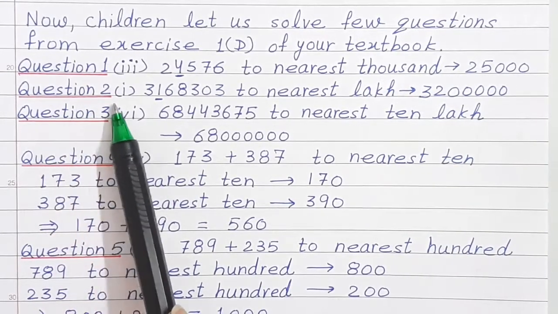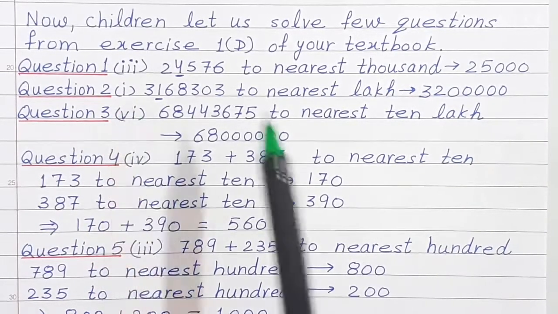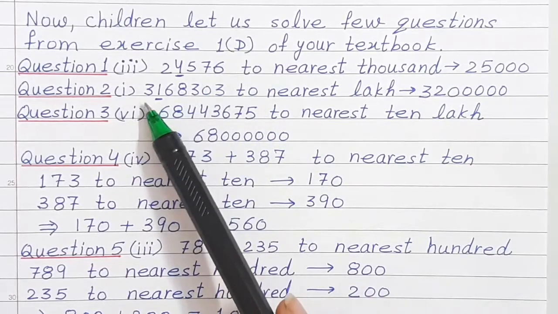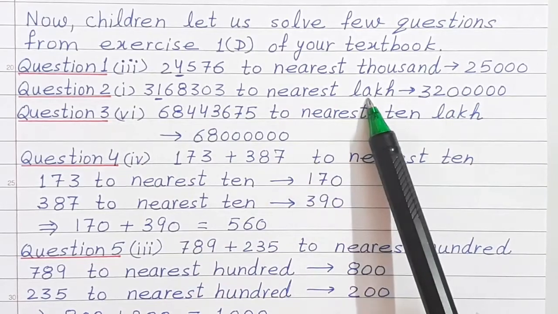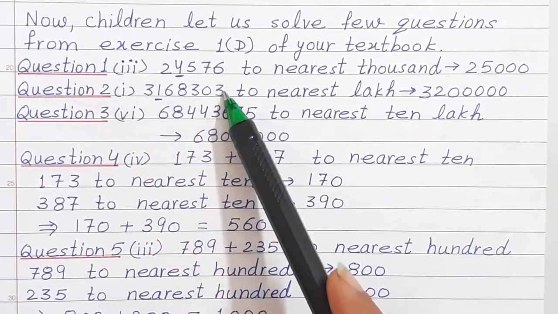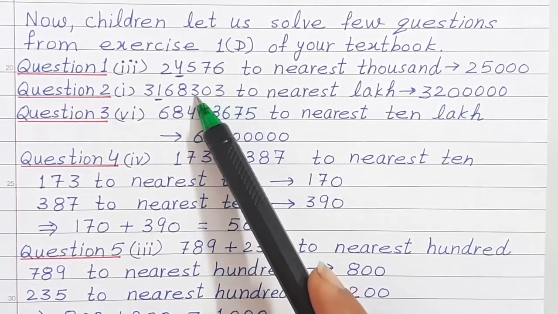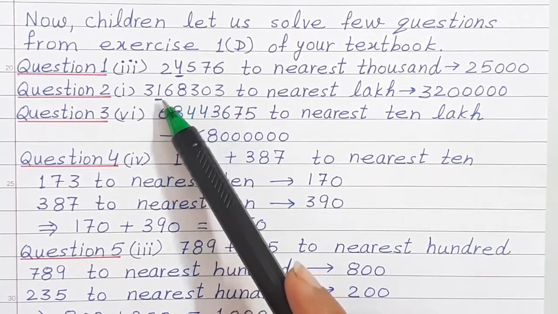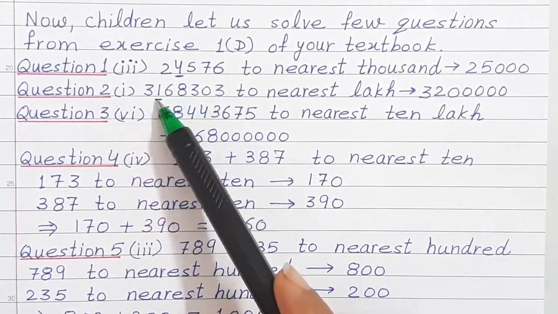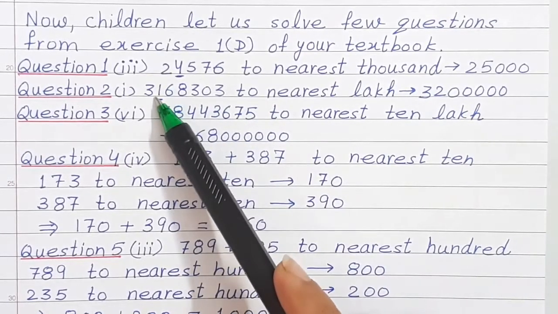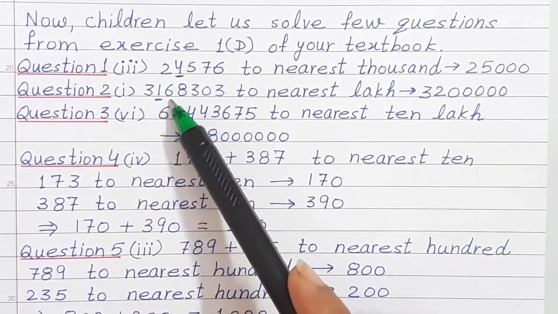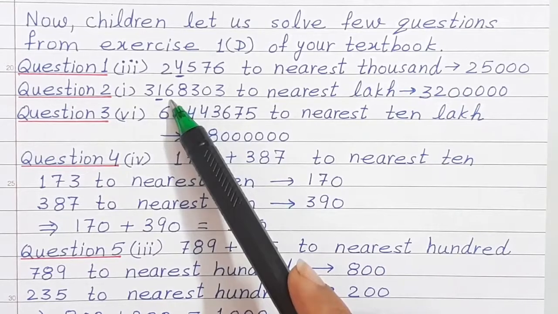Now, question number 2, first part. You have to round off the given number to the nearest lakh. Now this is ones, tens, 100, 1000, 10,000, lakh. The digit at the lakh position is 1, and after that it is 6, which is again more than 5.